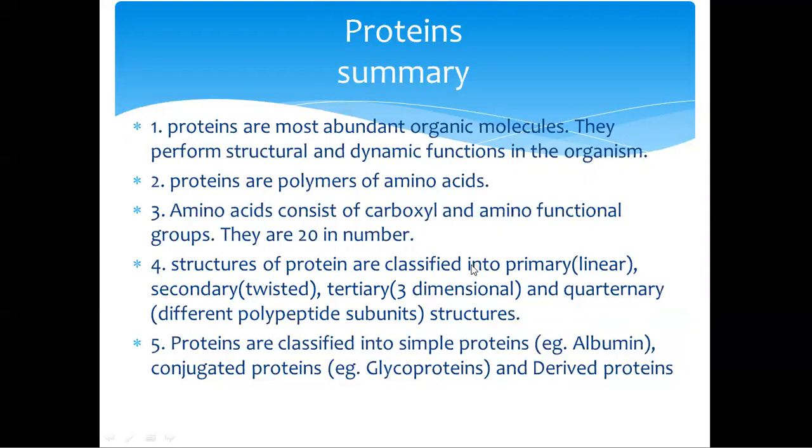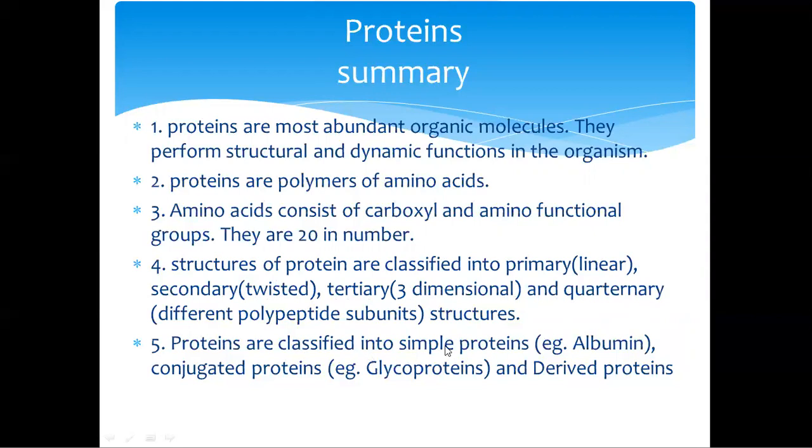Primary is a linear basic structure. Secondary is twisted. Tertiary is a three-dimensional structure. And quaternary has different polypeptide subunits held together by non-covalent bonds.